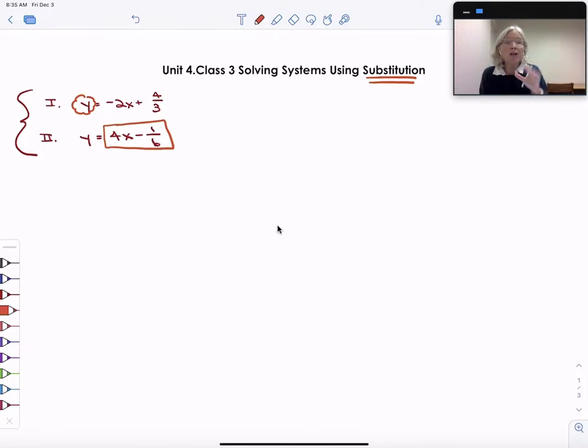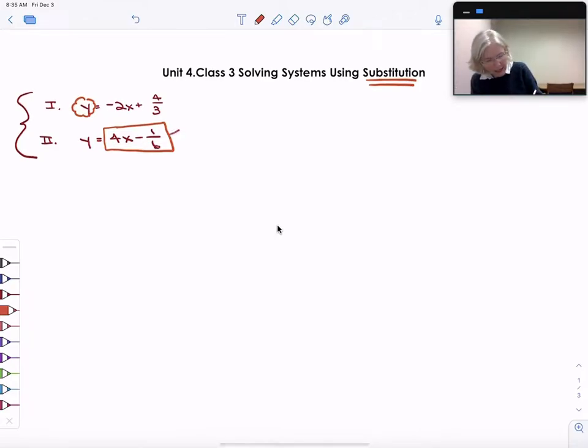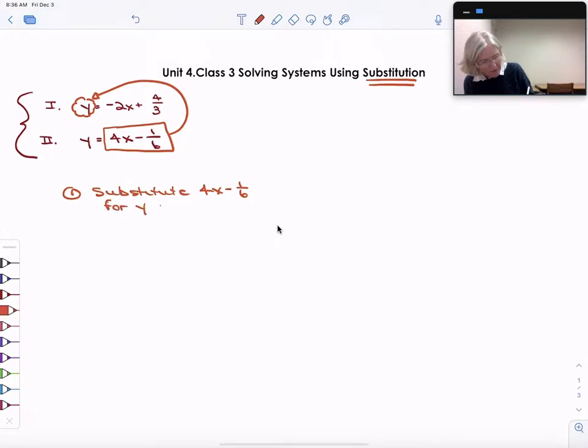And remember, for a system of equations, the variables mean the same thing. So I can take this expression and substitute it into my first equation. All right, so what I'm going to do is substitute the expression 4x minus 1/6 for y in EQ 1.